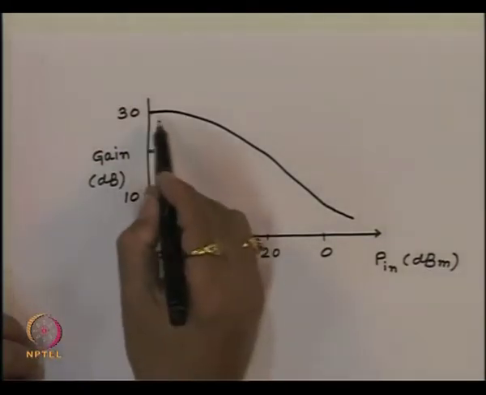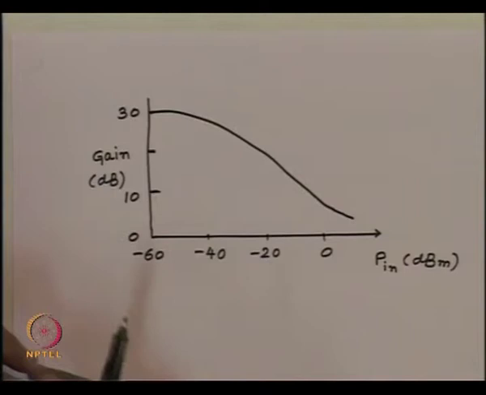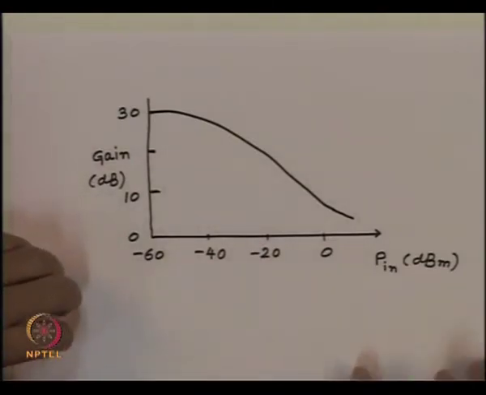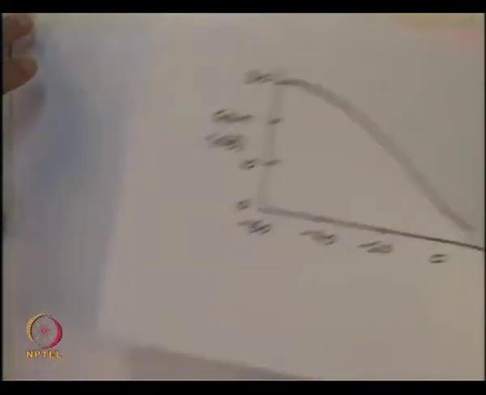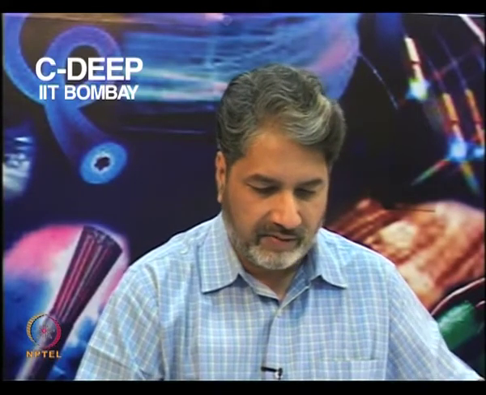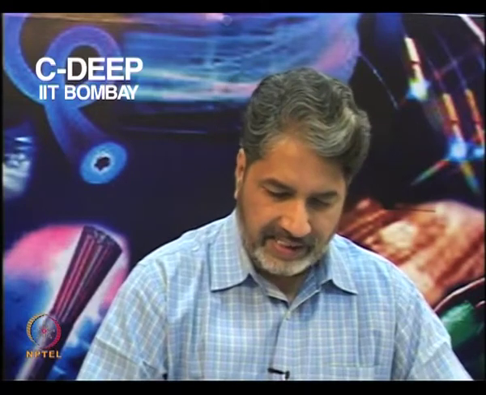So this characteristic essentially shows that the power supplied by the pump is not adequate, because as the signal grows inside the optical amplifier, it starts demanding more and more population inversion. So we can now write the equation for the powers of the signal and the pump, essentially from the conservation of photons.